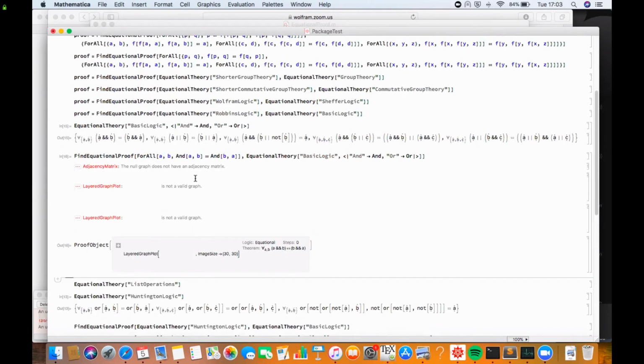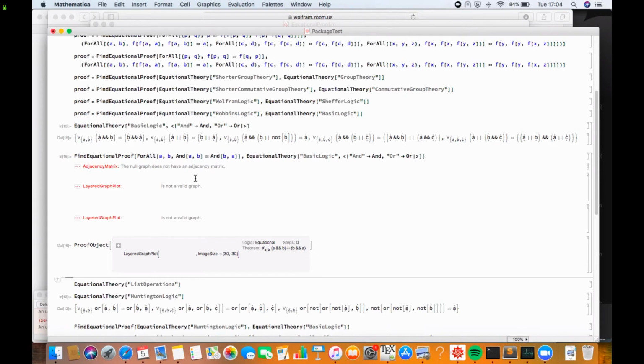Is that correct? Yes. When you specify axioms or theorems, the operators have to be symbols that we can manipulate. They can't be predefined Wolfram Language functions. We should say that in the documentation, in possible issues in the examples.